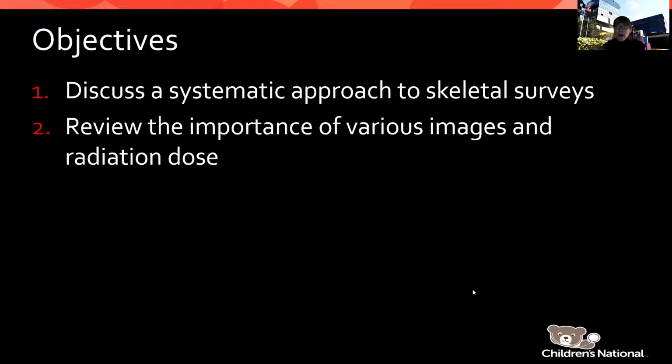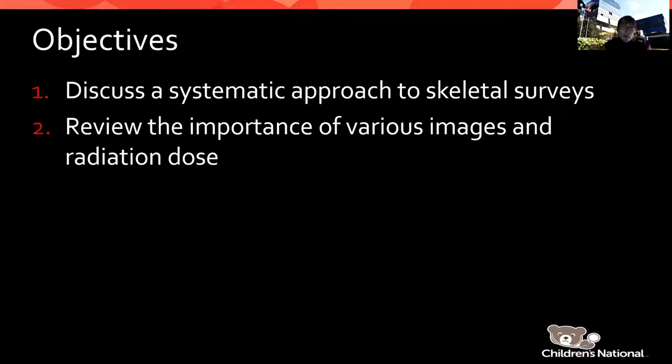So we'll talk about the systematic approach to this survey, and again, just touch briefly on the radiation dose. Since we're really only doing single AP views and most of the images are of the skeleton, you're not hitting much of the gonads and the thyroid gland, and the doses which sometimes families are concerned about are quite low.